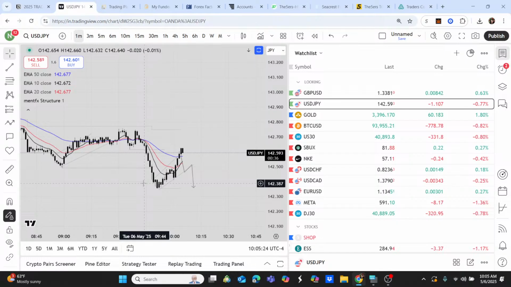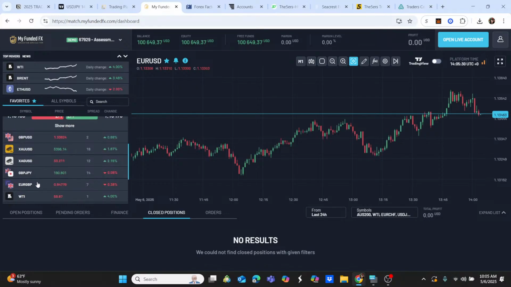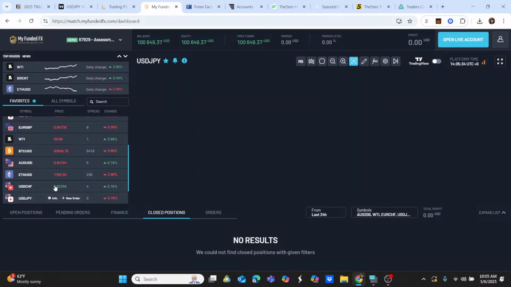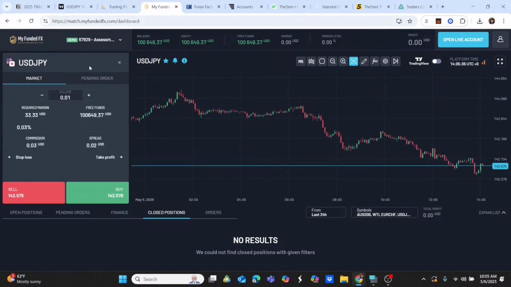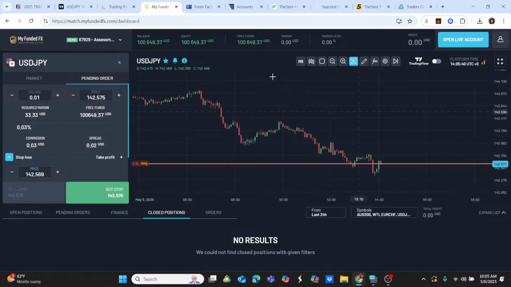And then what I'm also going to do is open up USD JPY here so I can get everything prepared just in case it does set up. Since it is a 1 minute time frame, I can just have everything ready.